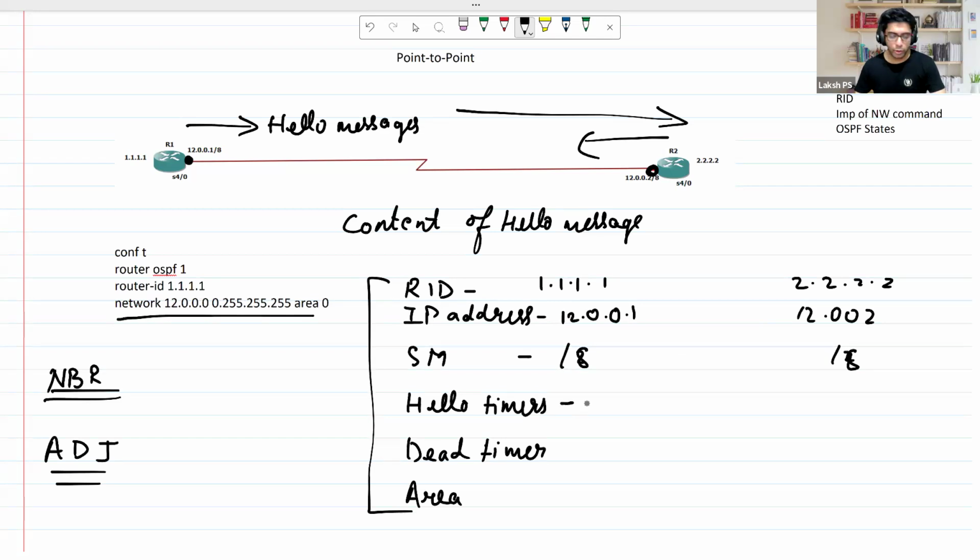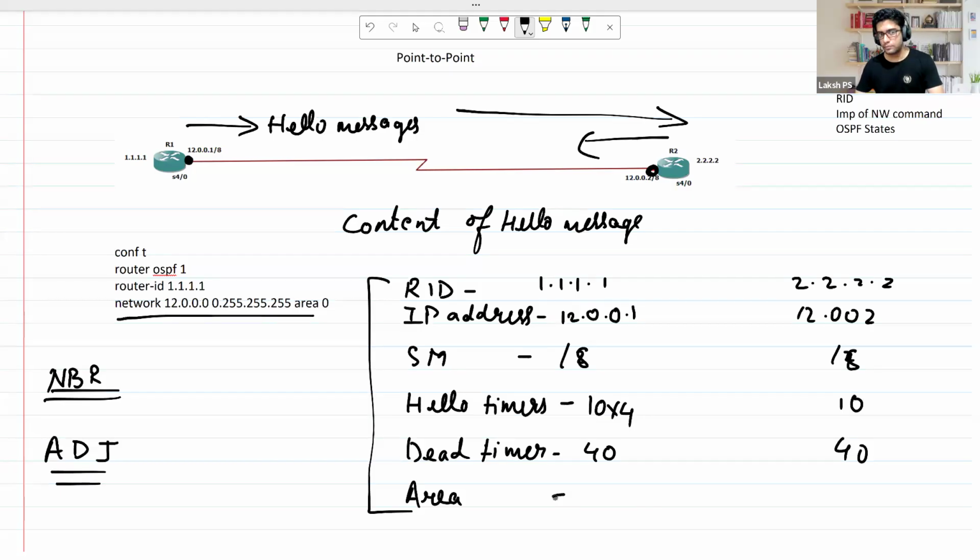Hello timer is the timer. The default timer is 10 seconds, meaning that at every 10 seconds interval, R1 is going to send OSPF hello messages. So here also it is 10 seconds. The dead timer is basically 4 times the hello timer. So this is 40 seconds. Here also it is 40 seconds.